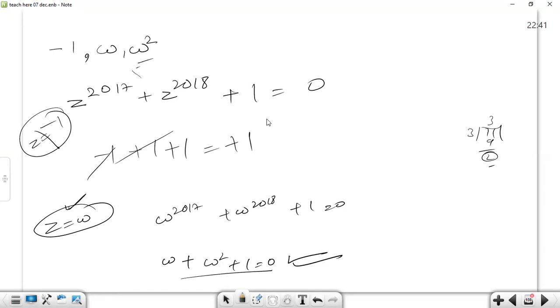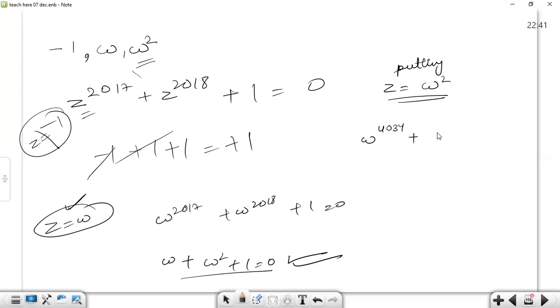Now let's check for omega square itself. If omega is satisfying, definitely omega square will also be satisfying. But let's check, why to guess. So putting z is equals to omega square this time. Omega square raised to 2017 will make it omega raised to 4034, and omega square raised to 2018 will make it omega raised to 4036, plus 1 is equals to 0.